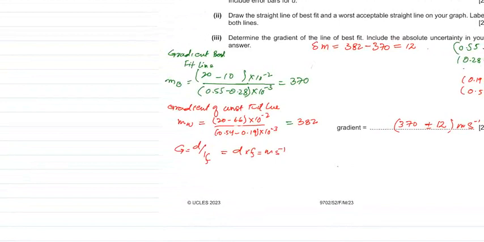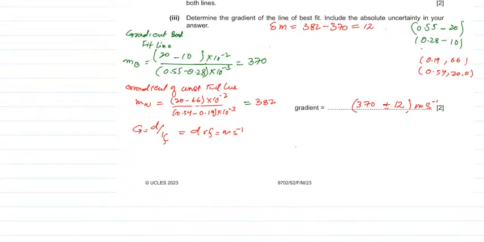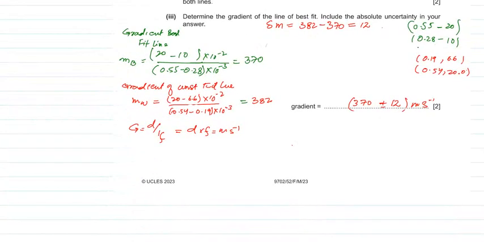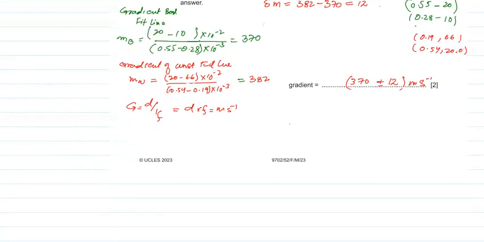So 370 plus minus 12, and the gradient is meter per second, because d is 1 over f, the distance is meter, and frequency in second inverse, so it will be meter per second or meter hertz.